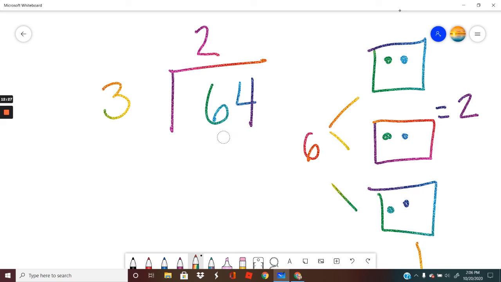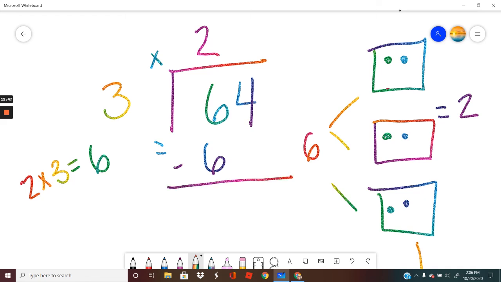So this thing over here effectively means 2 times 3 equals 6. 2 times 3 equals 6. And you had how much left over here? We had 0 leftovers, which means that we'll have 0 leftovers right here.